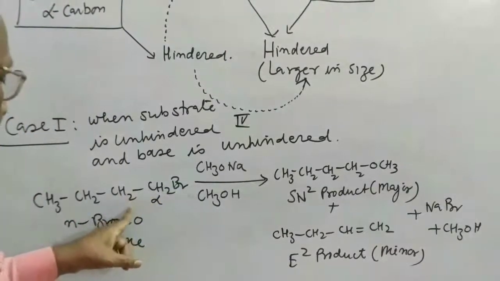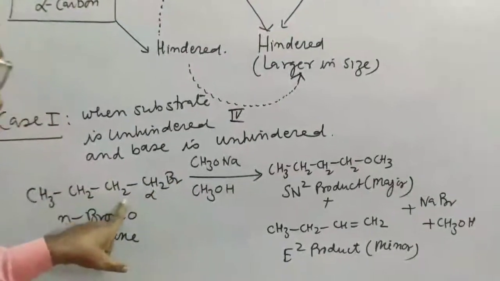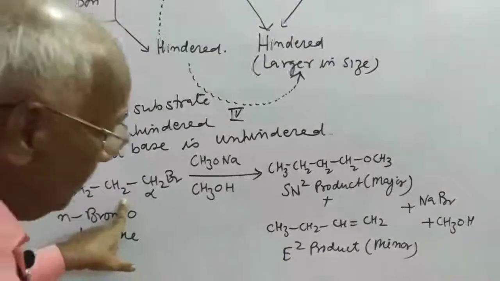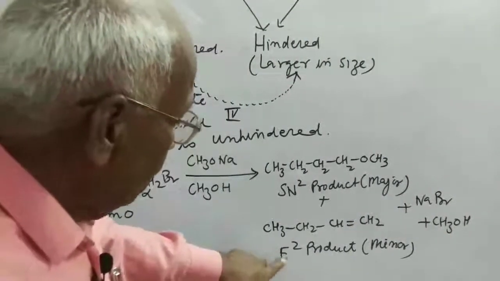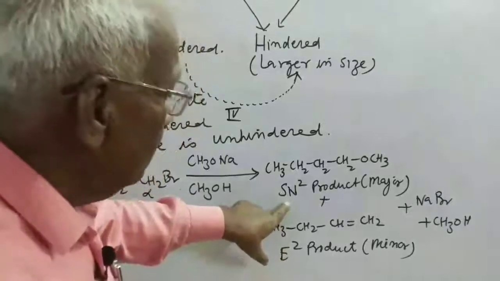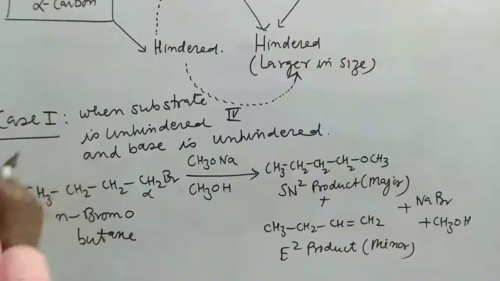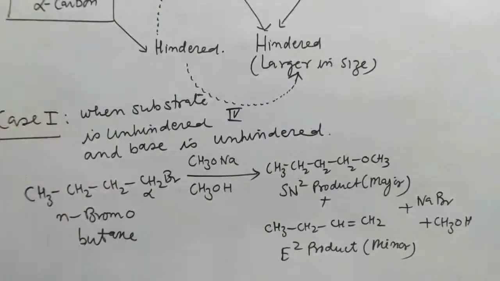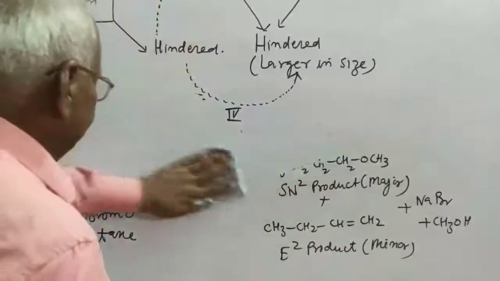This beta proton is hindered, so this base cannot effectively react with the beta proton. So it gives the minor product. So E2 reaction produces the minor product and the SN2 reaction produces the major product. It means in this case SN2 reaction is dominating.